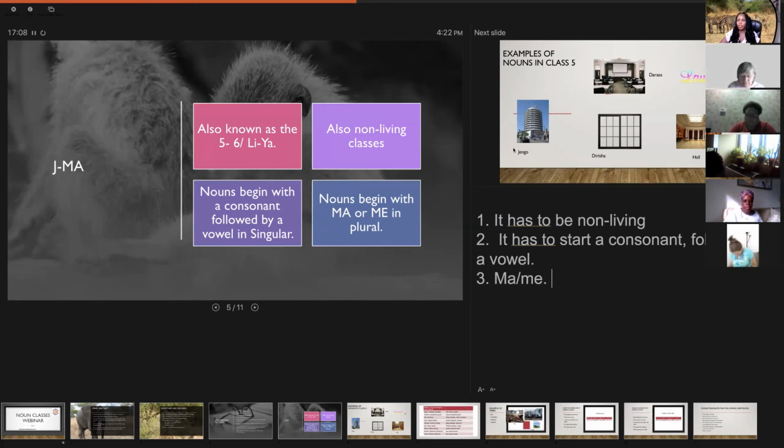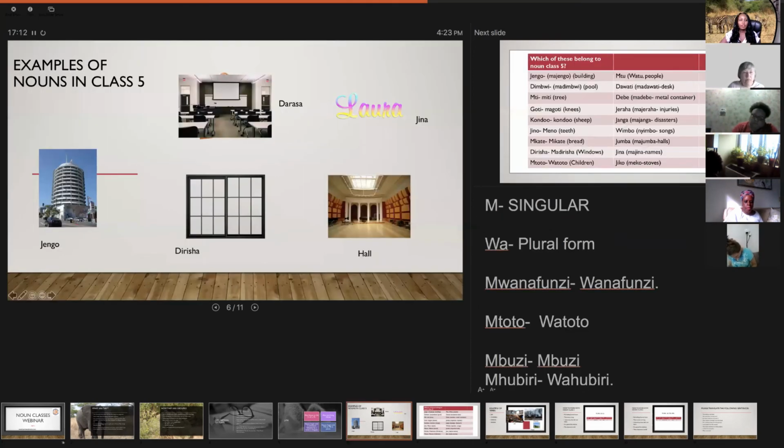Okay, now let's look at a few examples to bring this home. Jengo. This is a building. It starts with a J, followed immediately by a vowel. Okay. And then we have dirisha. That's a window. It starts with a consonant, followed immediately by a vowel.